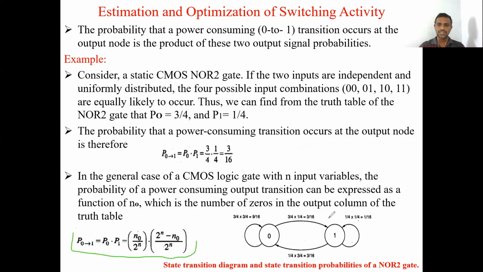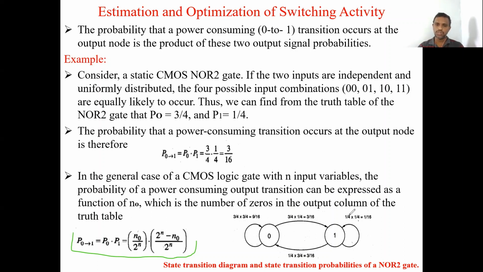And here we have the state transition diagram and state transition probabilities of a NOR2 gate. From 0 to 1 transition, we have 3 by 16. From 1 to 0, we have 3 by 16. At the same time, for 1 to 1 it is 1 by 16, and for 0 to 0 it is 9 by 16.